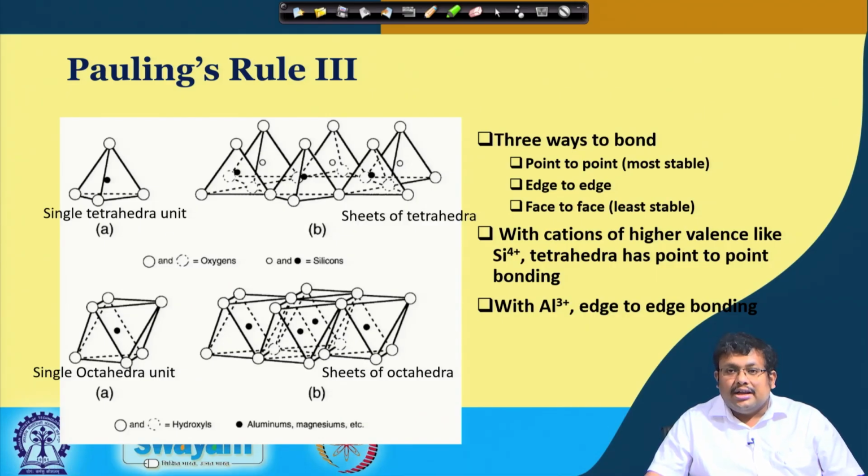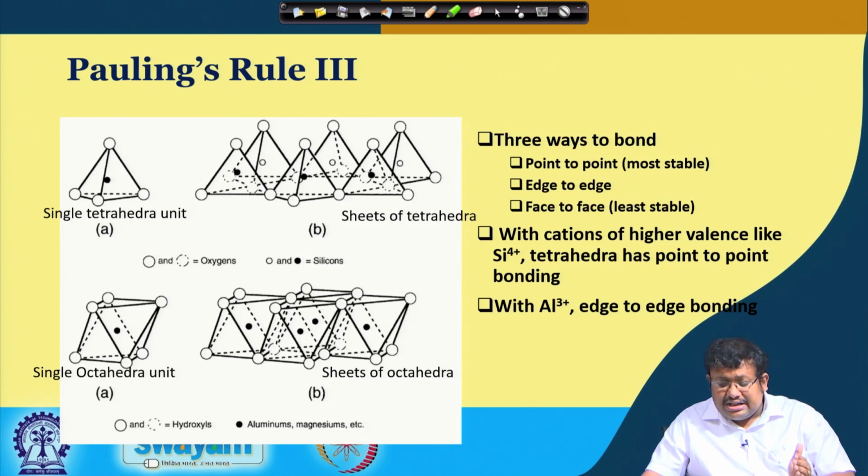In the case of an octahedral unit, let us consider an aluminum octahedral unit where the central cation is aluminum, surrounded by 6 hydroxyl ions, giving an octahedral shape.